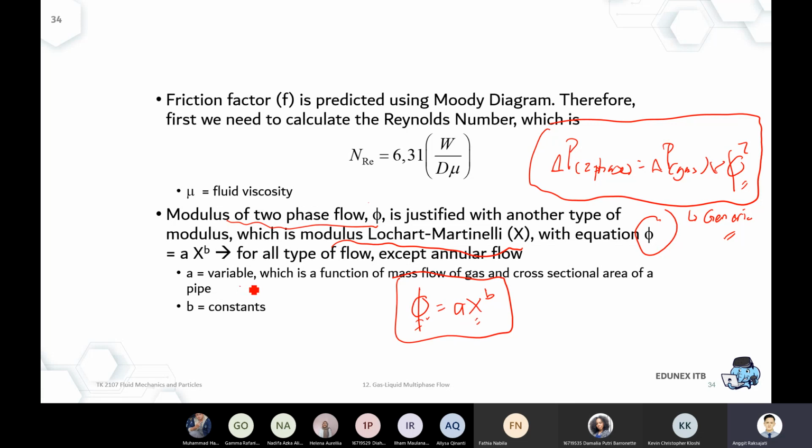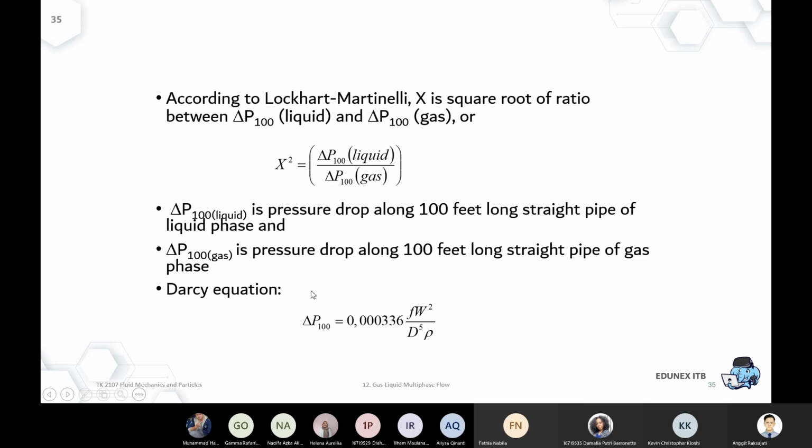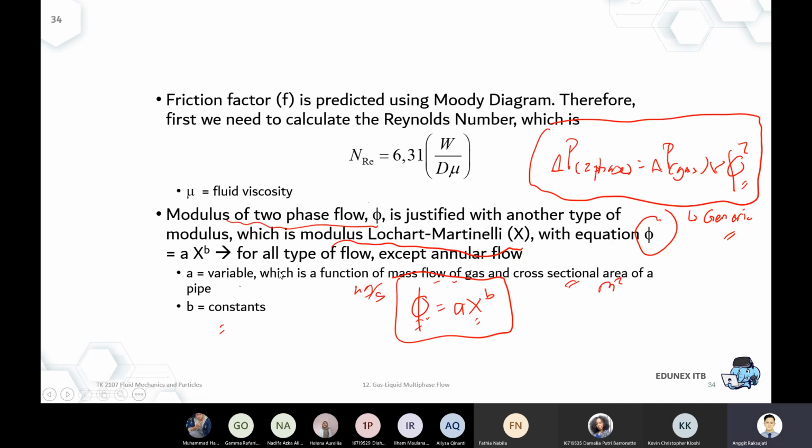A times X to the power B. A is a variable function of mass flow of gas and cross-sectional area of a pipe. So it's coming from the kilogram per second of the gas and the meter squared of the pipeline. And B is another constant from Lockhart-Martinelli. And what is X?